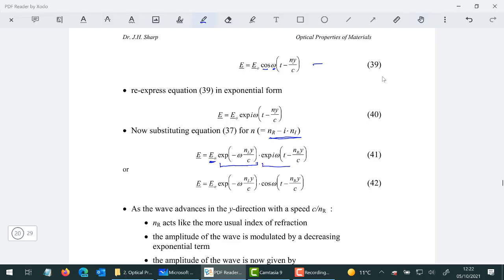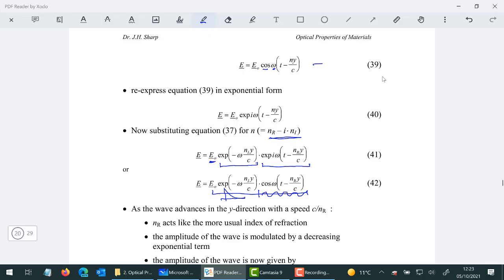And we have e to the i something or other, so that's a sine or cosine type oscillation. So we can simplify that equation so that we have an oscillating part, the cosine term here, and we have a negative exponential part, which gives us a decaying wave.